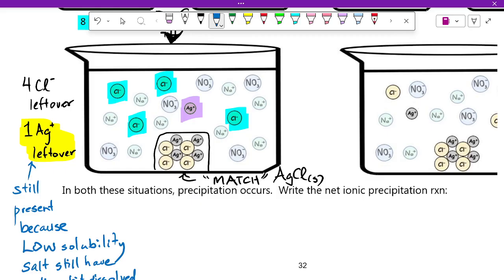Now, could we write a KSP for this? First of all, what would be our solubility equilibrium equation?